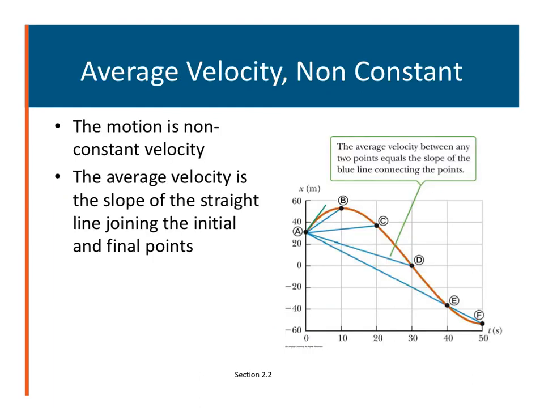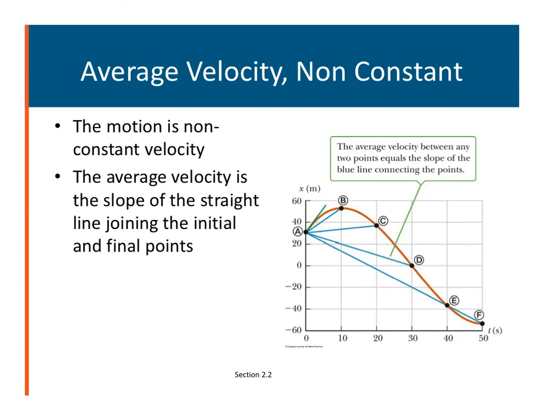So if we go back to the graph that we had earlier, where the average velocity is not constant, we can see that the slope from A to B and A to C and A to D and A to E and A to F are different. They're different slopes, meaning the average velocity from those points are going to be different.